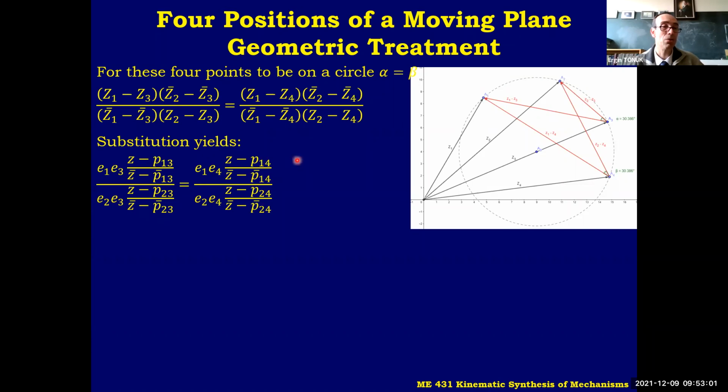In terms of locations of the poles and their complex conjugates. Can you see, for example, this is 1, 3, this is 1, 4, this is 2, 4, this is 2, 3.